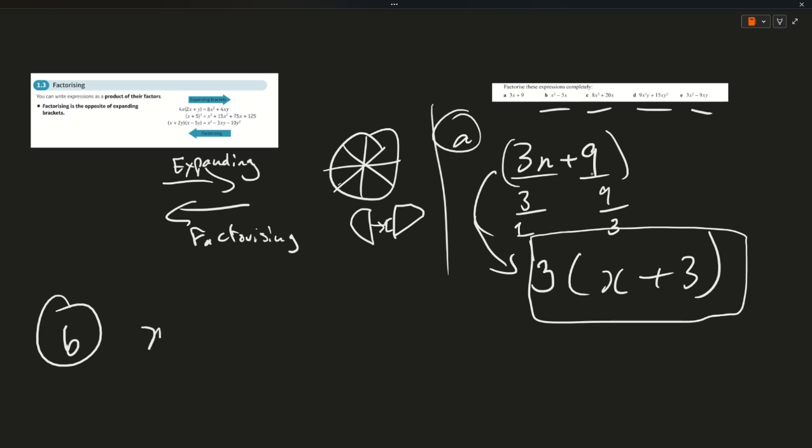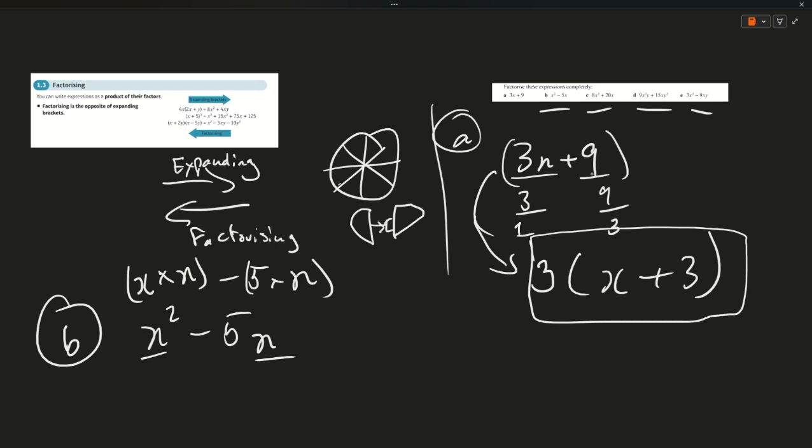Just to show you here, x squared minus 5x. This one's a bit quicker to see, that we've got 2 x's here. The only thing that you need to note is that here we've got x squared, and this is essentially just x times x minus 5 times x. So here we've got 2 x's, yes, but we've actually got 3 x's in total.